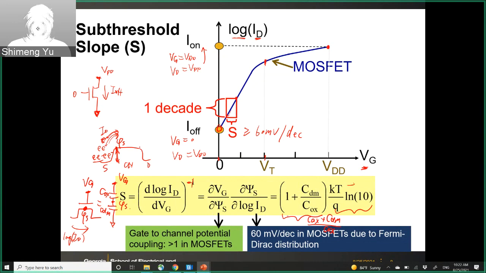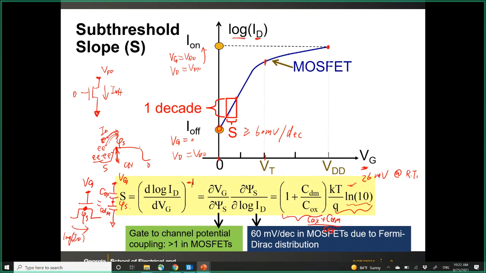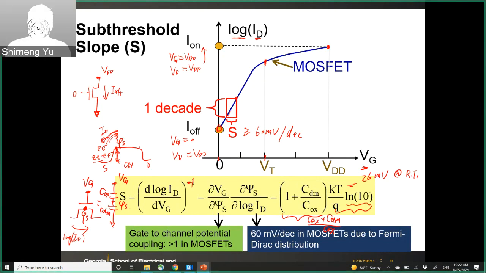Those are physical constants, so at room temperature it will be about 26 millivolts. And then here this natural log 10 is used when you convert from the natural log e, because in our plot we use log 10, but in the equation you typically have this exponential with kT over q.